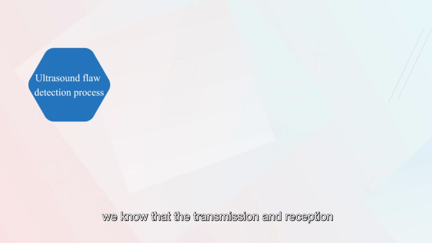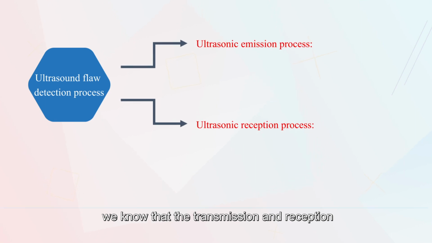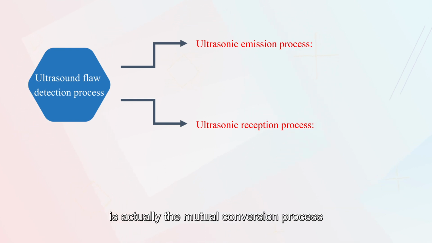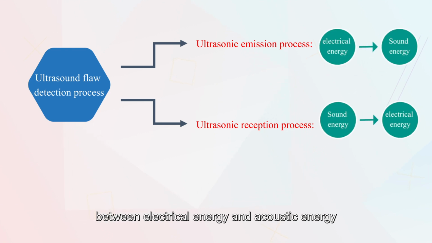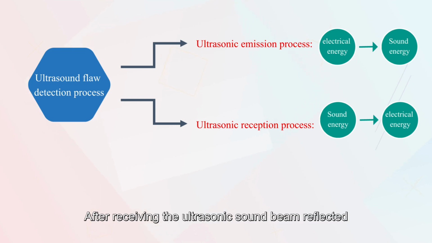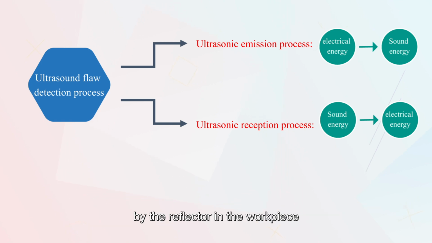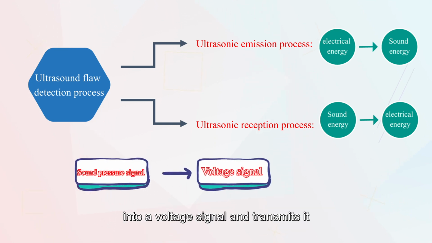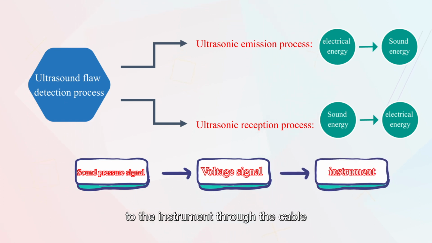First of all, we know that the transmission and reception of the ultrasonic wave in the ultrasonic flaw detection process is actually the mutual conversion process between electrical energy and acoustic energy. After receiving the ultrasonic sound reflected by the reflector in the workpiece, the probe converts the received sound pressure signal into a voltage signal and transmits it into the instrument through the cable.